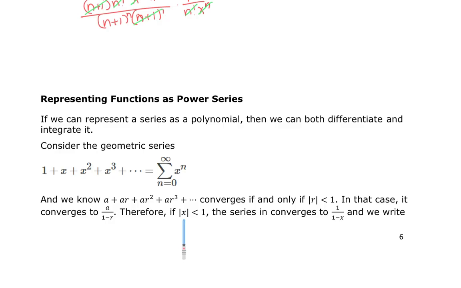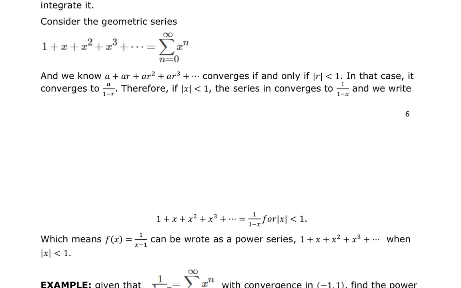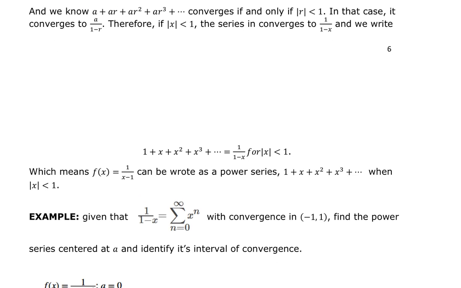Therefore, if the absolute value of x is less than 1, the series converges to 1 over 1 minus x, and we can write it like this. We can say 1 plus x plus x squared plus x to the third.